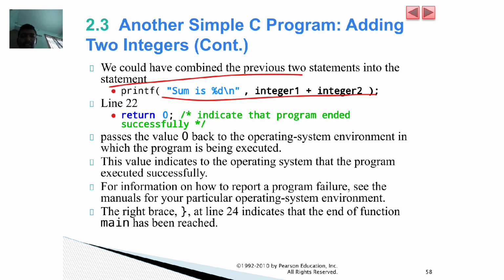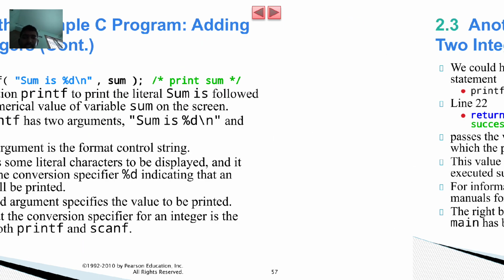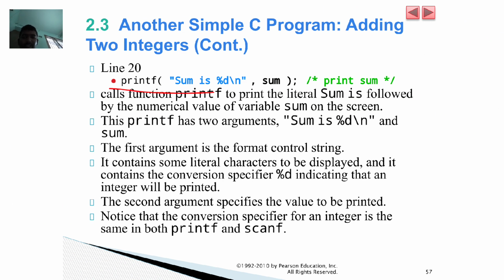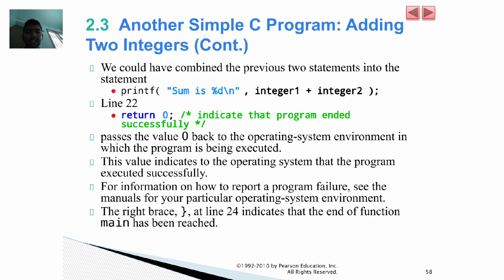Observe one thing: here the print statement and here the print statements are different. Why? Because here there is a sum. You have assigned the value of the summation of integer a and integer b to the sum, and here you are directly printing, there is no assignment. Directly you are printing the value of the summation of integer 1 and integer 2 onto the console, and you are returning 0. The function is int type, so you are returning 0 at the end.